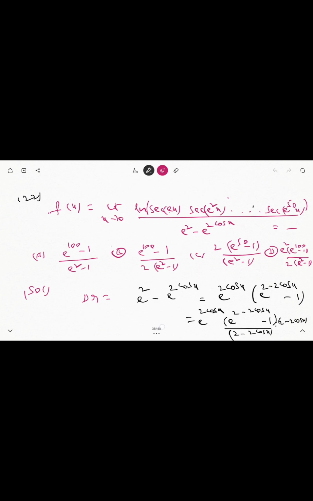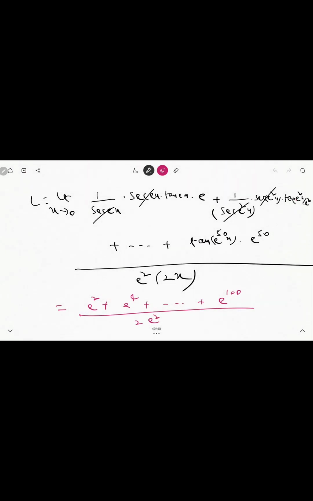You will be getting option number 2, I think. GP formula, tell me: a into r power n minus 1 by r minus 1.